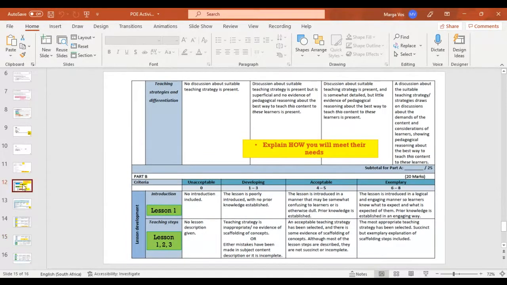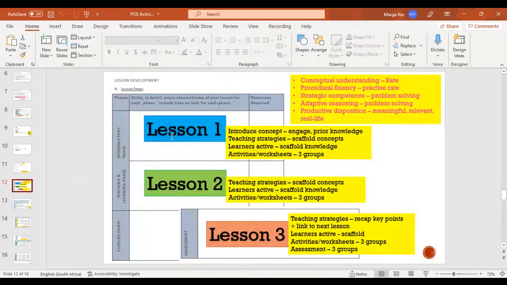All right, so in the explanation here, you need to be very thorough because you're not only going to get marks if you give me 3 worksheets. All right, you can't just give me 3 worksheets. You need to give activities for 3 groups in each and every lesson.